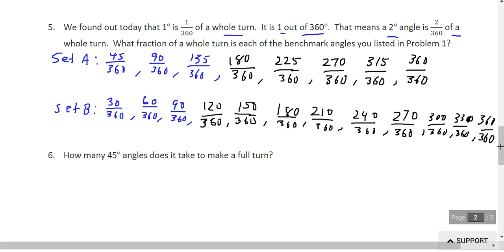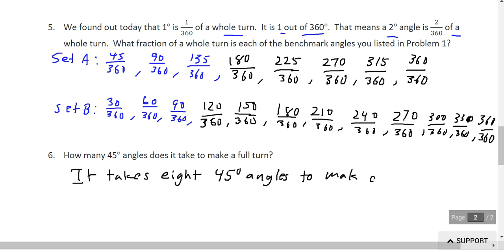It takes 8 45-degree angles to make a full turn. And all you got to do is look up set A and count how many turns. 1, 2, 3, 4, 5, 6, 7, 8.